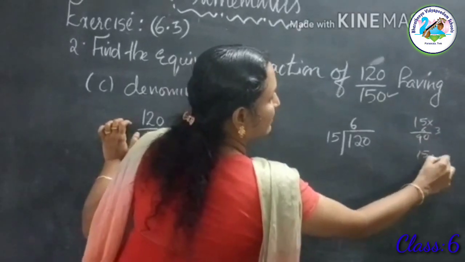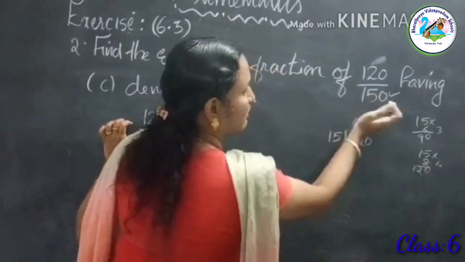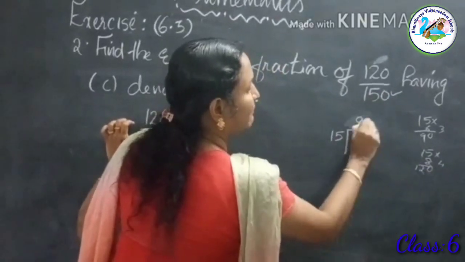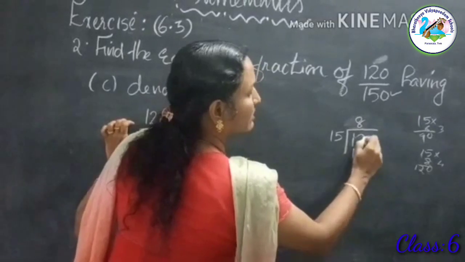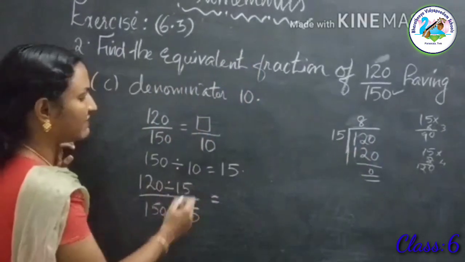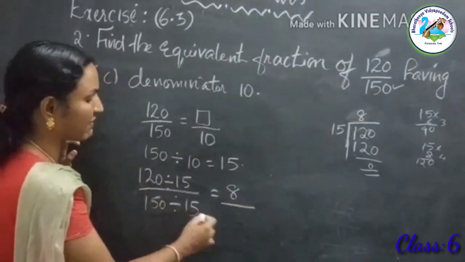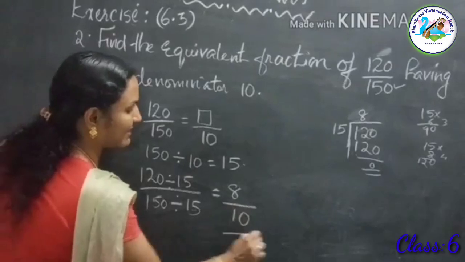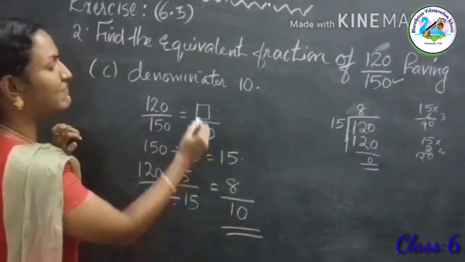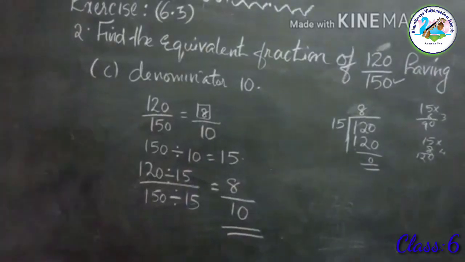Then 15 into 8, 120. So 8 fifteens are 120. And 150 divided by 15 is 10. So the answer is 8 by 10.